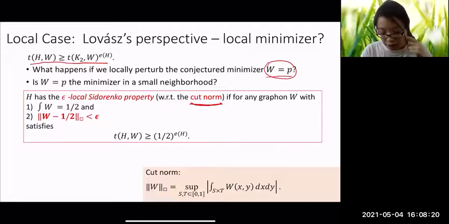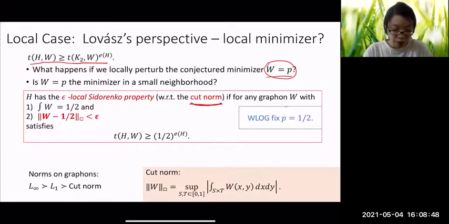Here is the definition of the cut norm, which is the biggest discrepancy of edge density, the number of edges, between any two subsets in this graph. Since W is an L1 or L2 function, it also makes sense to talk about its L-infinity norm and L1 norm.